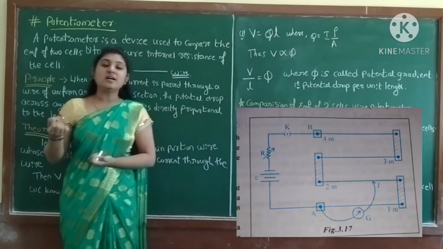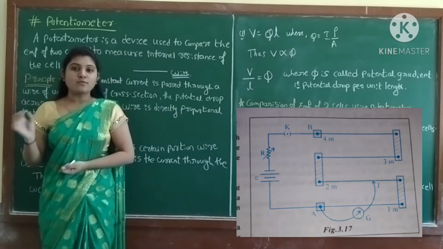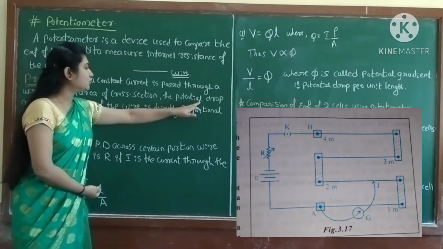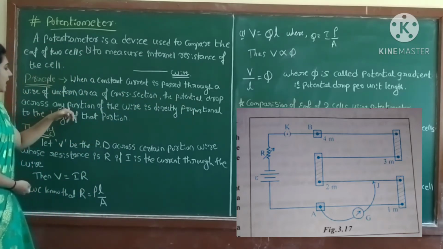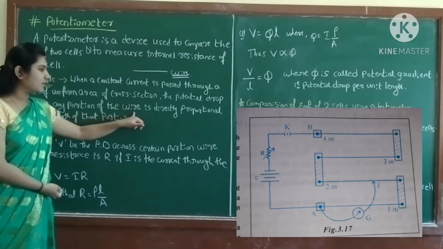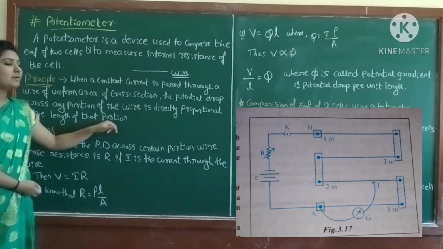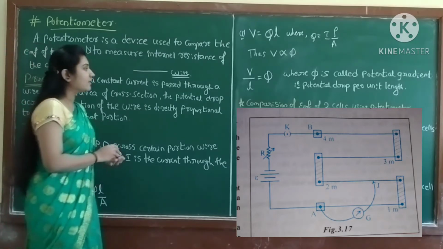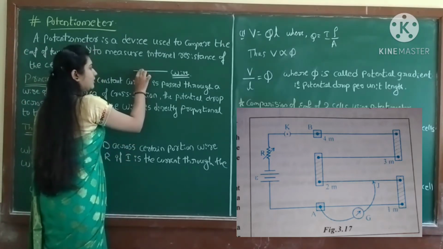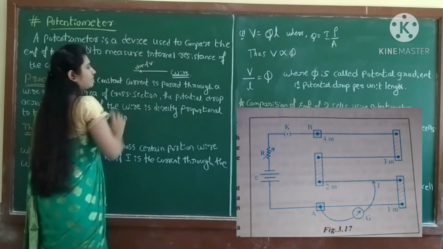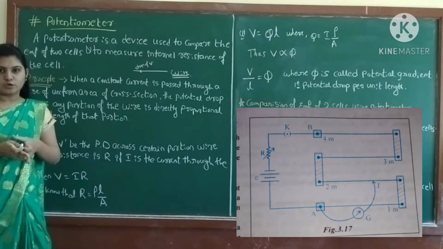It is having the uniform area of cross section, and the potential drop across any portion of the wire is directly proportional to the length of that portion. What is it? See, at this point there is a drop of potential, that is nothing but the voltage.